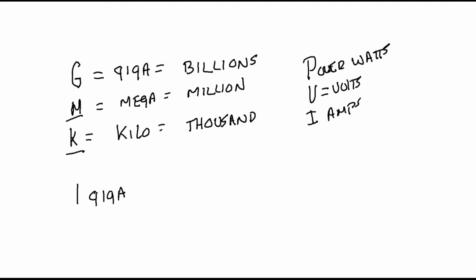I can have megaamps, megavolts and megawatts. I can have gigaamps, gigavolts, and gigawatts. You need to know those designations and what symbols they stand for: G, M, and K. Okay. Any questions there?